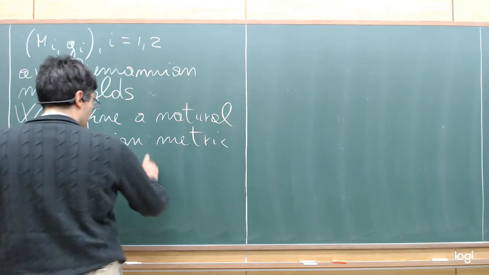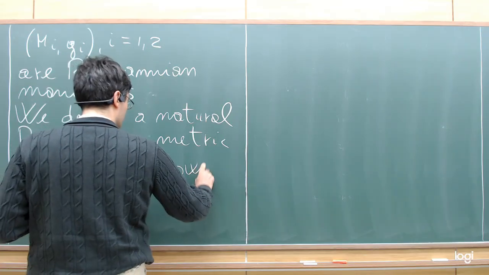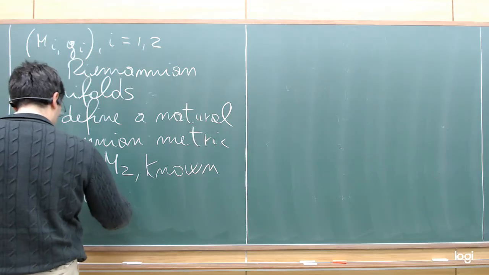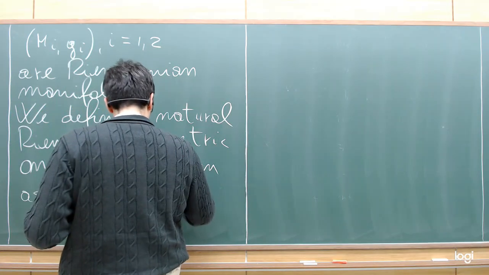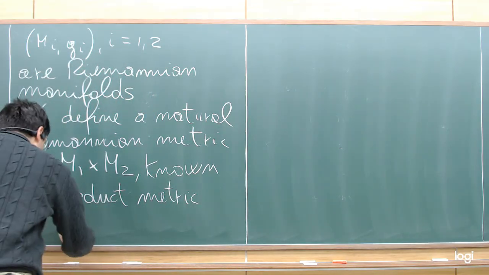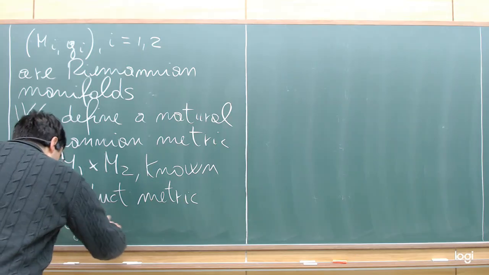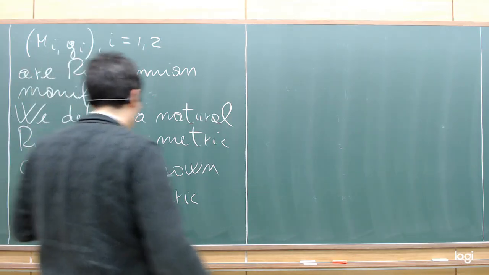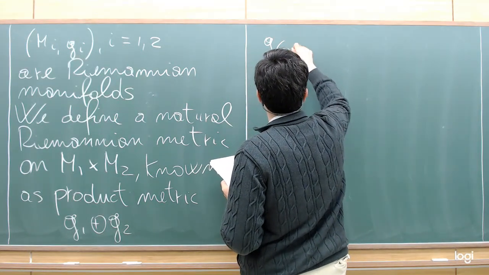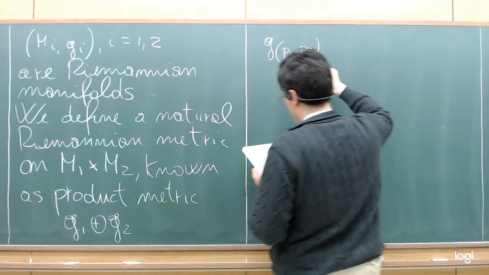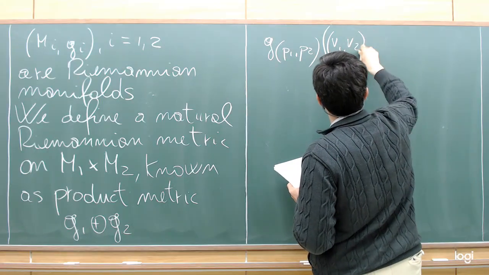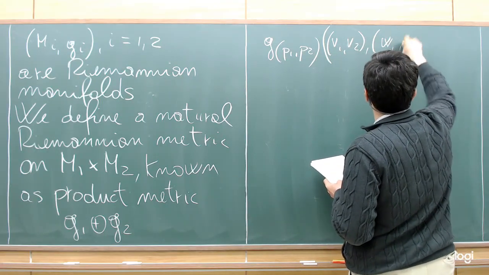This is known as a product metric, and it is denoted by G1 plus G2, and it is defined by the following formula: G at the point (P1, P2) evaluated at (V1, V2), (W1, W2).